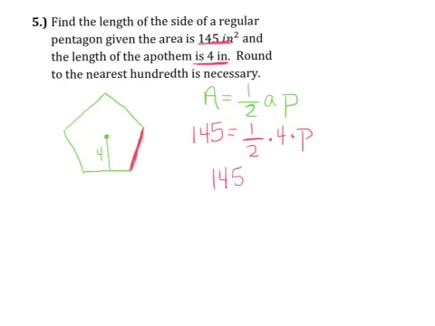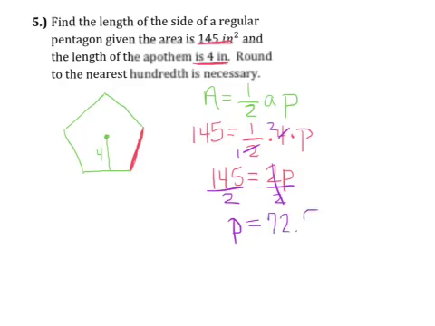So let's simplify this. 145 equals half of 4 is 2, so it would be 2p. Divide both sides by 2. So p equals 72.5.